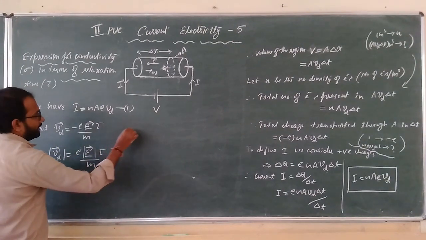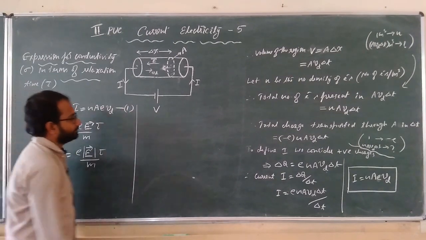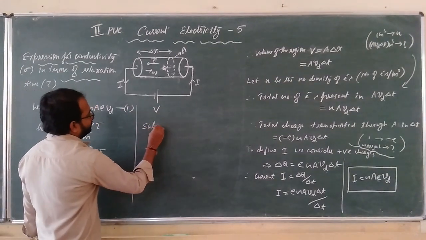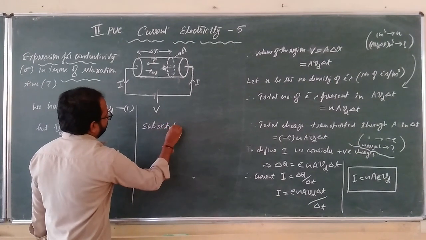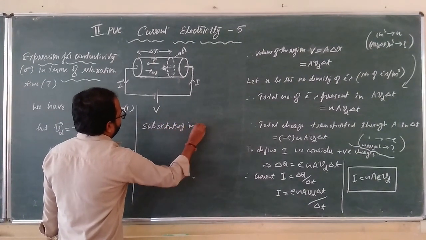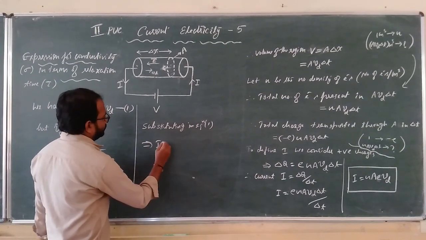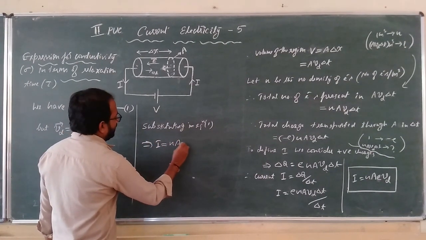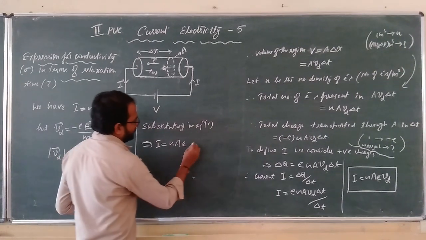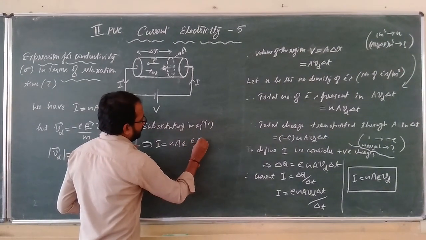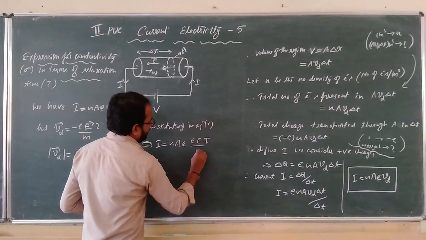Substituting in equation 1, I is equal to n A e times Vd, which is e tau by m.